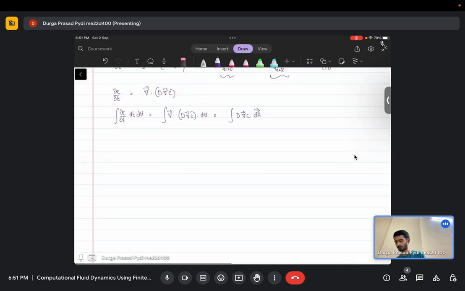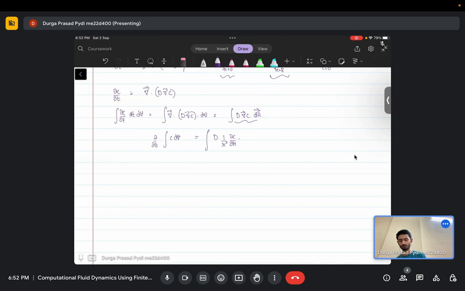Now on the left hand side, I'll just take the dou dt outside. So you have dou dt integral c dV equals d times 1 by r square del c del r into dA, which will be something proportional to r square times dr. Or maybe I can write it in a general form.